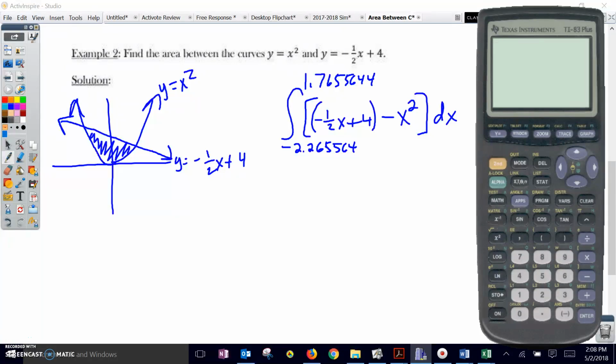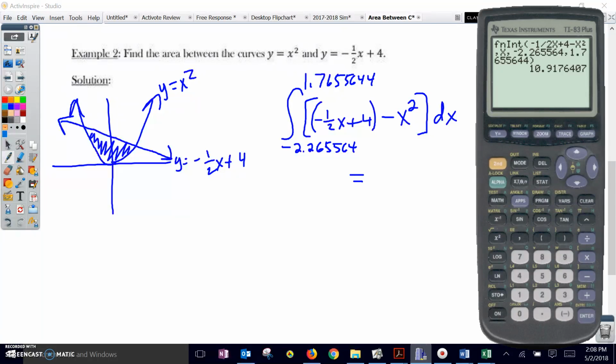And so we've got the integral of negative 1/2 x plus 4 minus x squared with respect to x from negative 2.265564 to 1.765564, and hit enter, and we end up with 10.19.